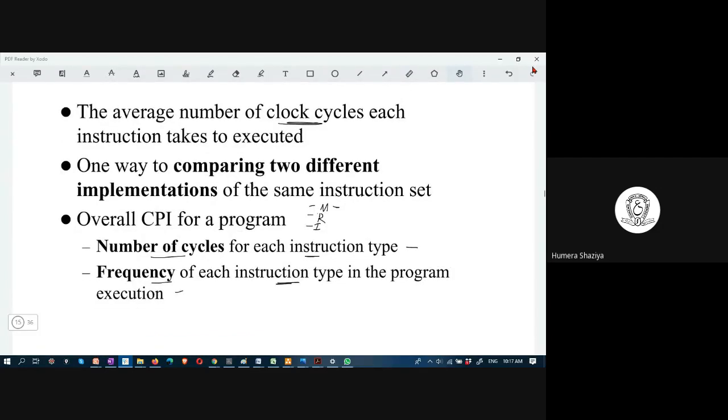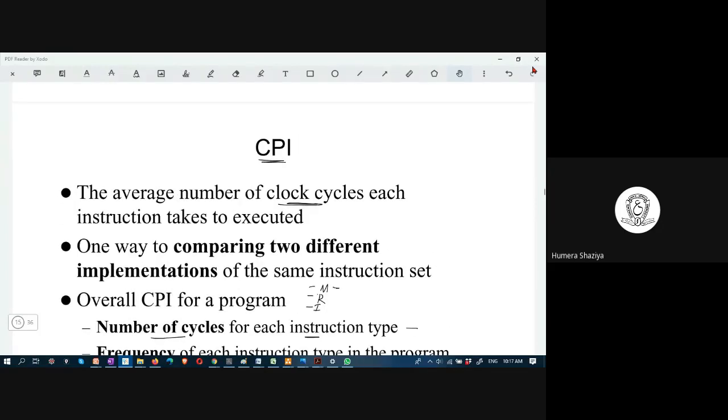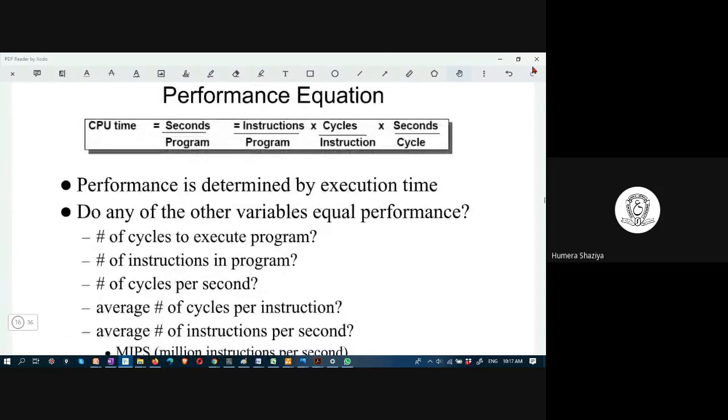Here it says that a way to compare two different implementations would be this CPI, and its CPI comprises the number of cycles for each instruction type and the frequency of each instruction.